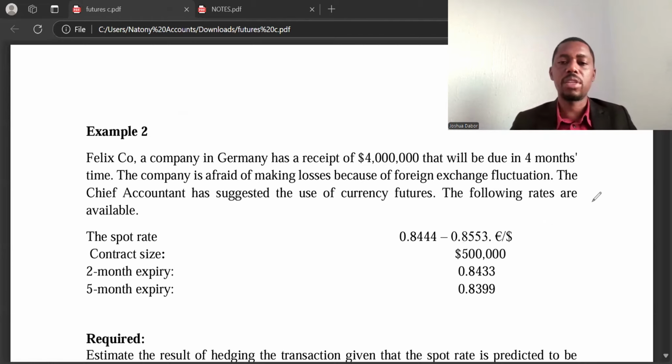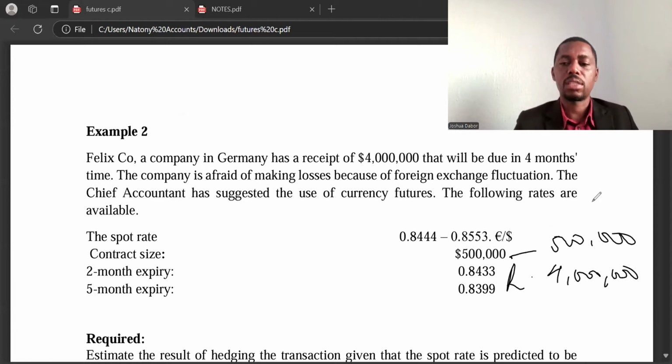The third step is how many contracts should be sold in this question. What is the contract size? The contract size is 500. What is the receivable amount? The receivable amount is $4 million.